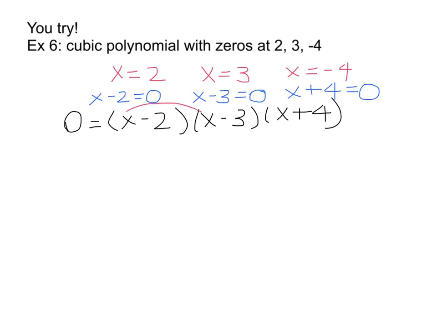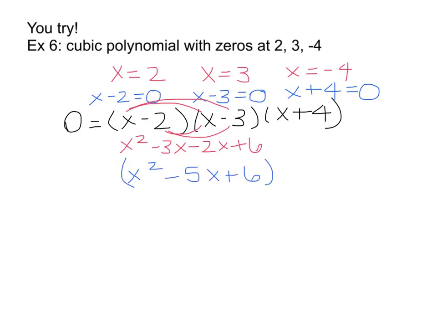So we're going to start with x times x, and that leaves me with x squared. X times minus 3 leaves me with minus 3x. Negative 2 times x leaves me with minus 2x. And negative 2 times negative 3 leaves me with positive 6. So you want to combine like terms before you keep going. So that leaves me with x squared minus 5x plus 6.